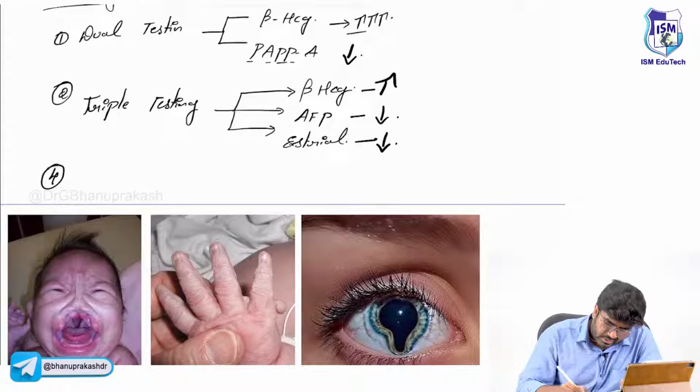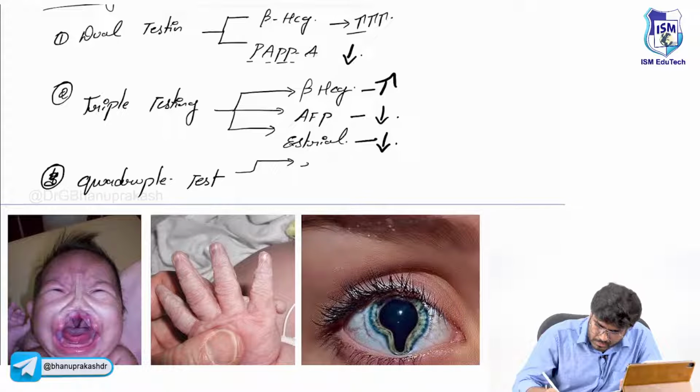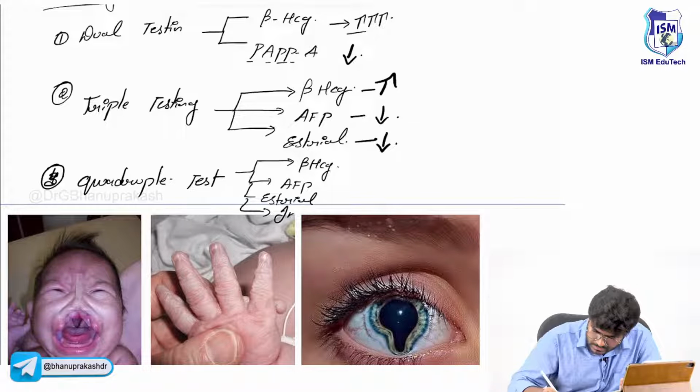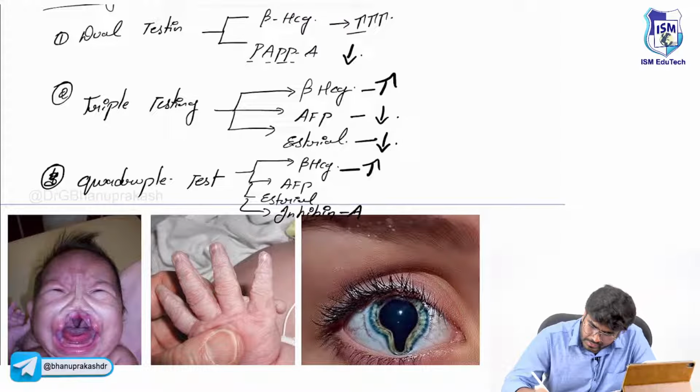Now, there is one more test which is called a quadruple test. In quadruple testing, what will you check? The markers are beta HCG, alpha fetoprotein, same estriol, and along with estriol, you are also checking inhibin A levels. Beta HCG levels are elevated, inhibin A levels are elevated, but alpha fetoprotein and estriol levels are less.